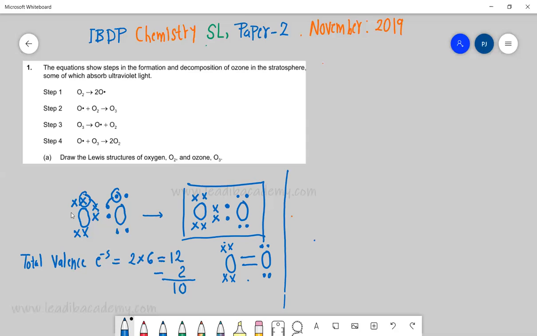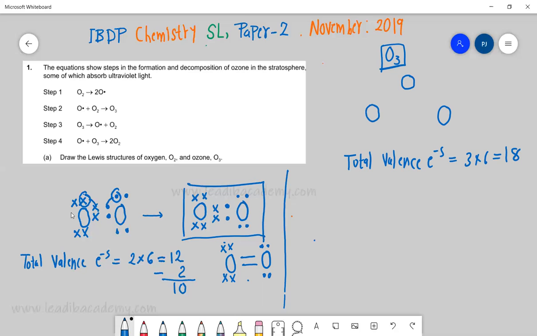Now let's move on to the ozone. So what we should do in case of ozone, that is the O3: oxygen, oxygen, oxygen. How many total electrons? So total valence electrons for ozone are 3 multiplied by 6, that is 18.